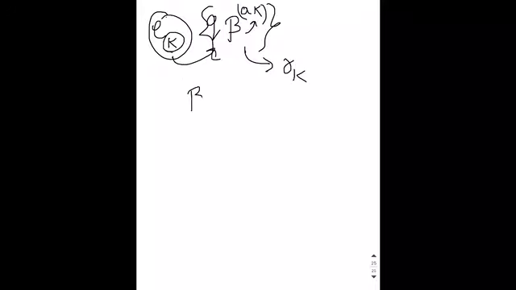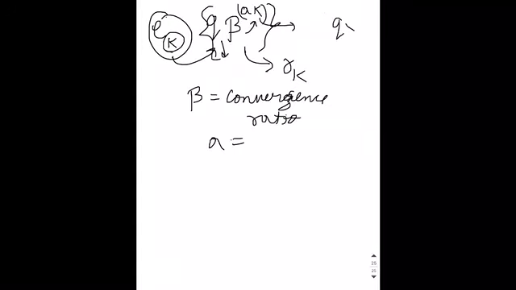Here beta is called the convergence ratio, a is the order of convergence, and k is the index of the iteration. q is some number greater than 0, and beta belongs to the interval 0 to 1.